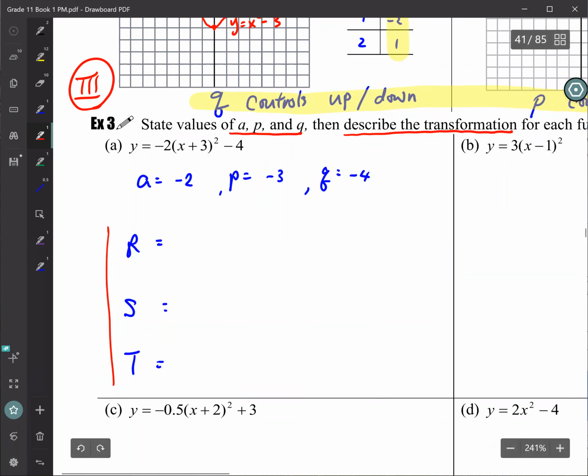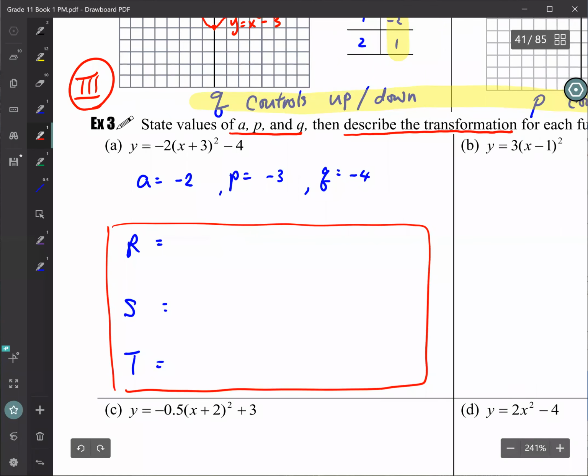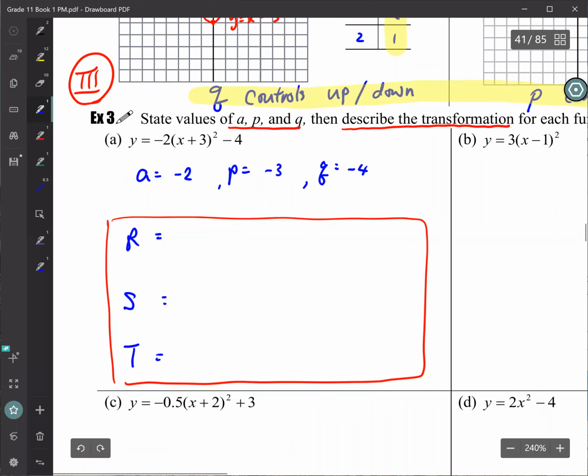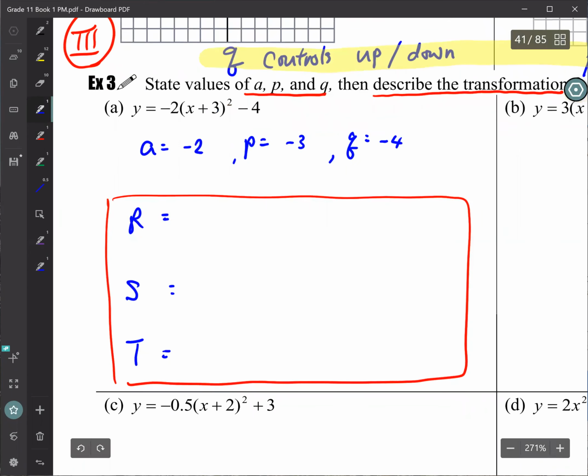Now let's write out the RST, okay? R is talking about open up and down, okay? So you just need to tell me whether it opens up or down. So Jenny, is it open up or down? It should open down because the A is negative, right? Very good. Okay, so that's our first rule, right?